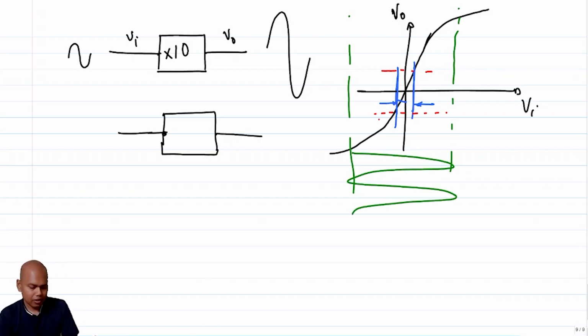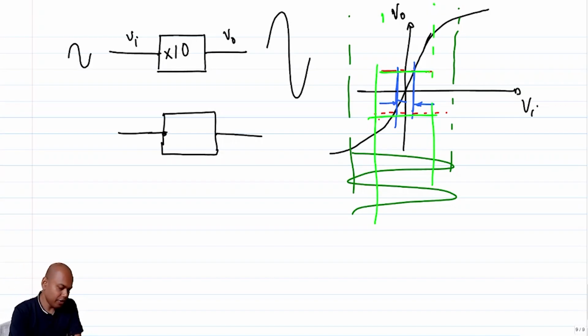So clearly you will get some amount of increments within these two when your input amplitude is within a smaller range, and a different amount of increment when your input amplitude is at a higher range, right?